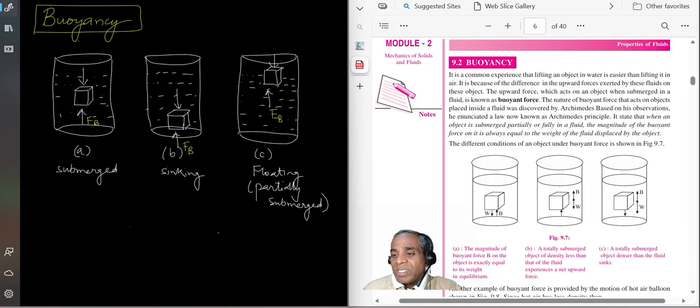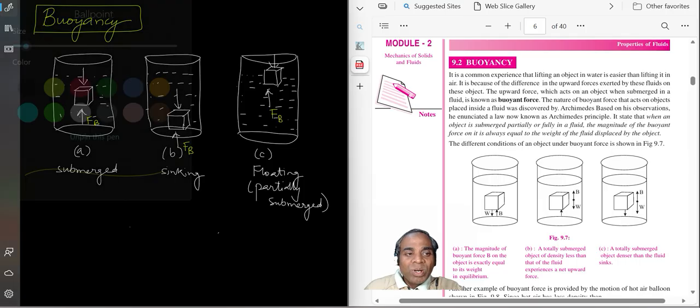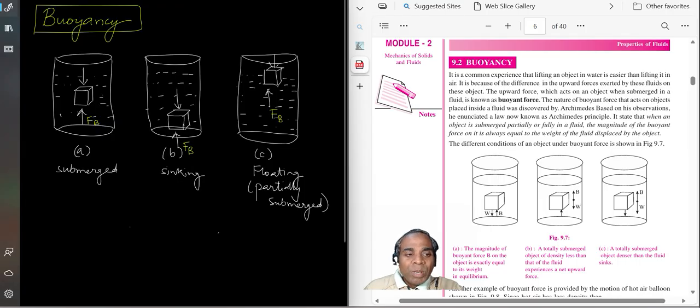It states that when an object is submerged partially or fully in a liquid, the magnitude of the buoyant force on it is always equal to the weight of the fluid displaced by the object. So when any object is inside the liquid, whether scenario A, B or C, the forces acting on the object are the upward force, which is the buoyant force, and the downward force, which is the weight of the object.